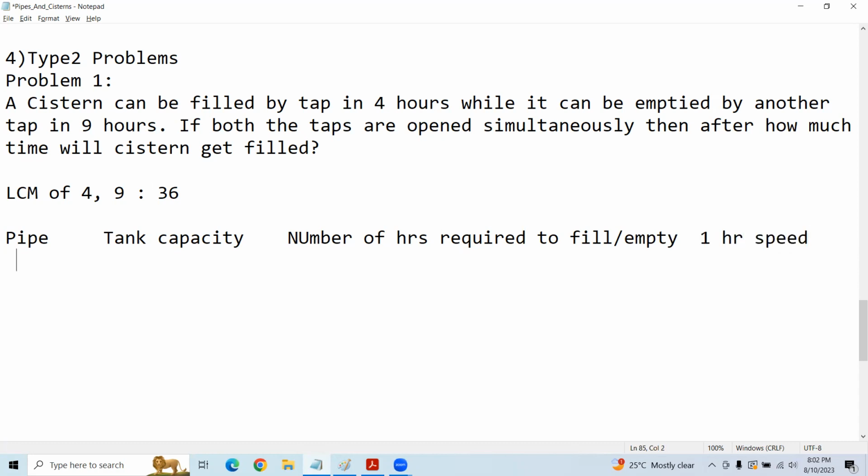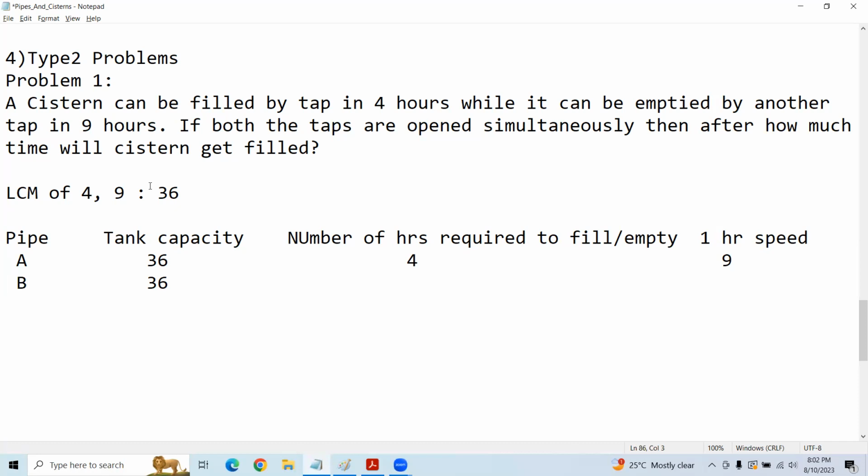So let's look at A. Tank capacity will be 36 only. So let's take A and B. Both the places, our capacity is same, 36, 36. Now number of hours required to fill. So for A, it can be done in 4 hours. So our 1 hour speed will be 36 by 4. That will be 9. This is the inlet pipe.